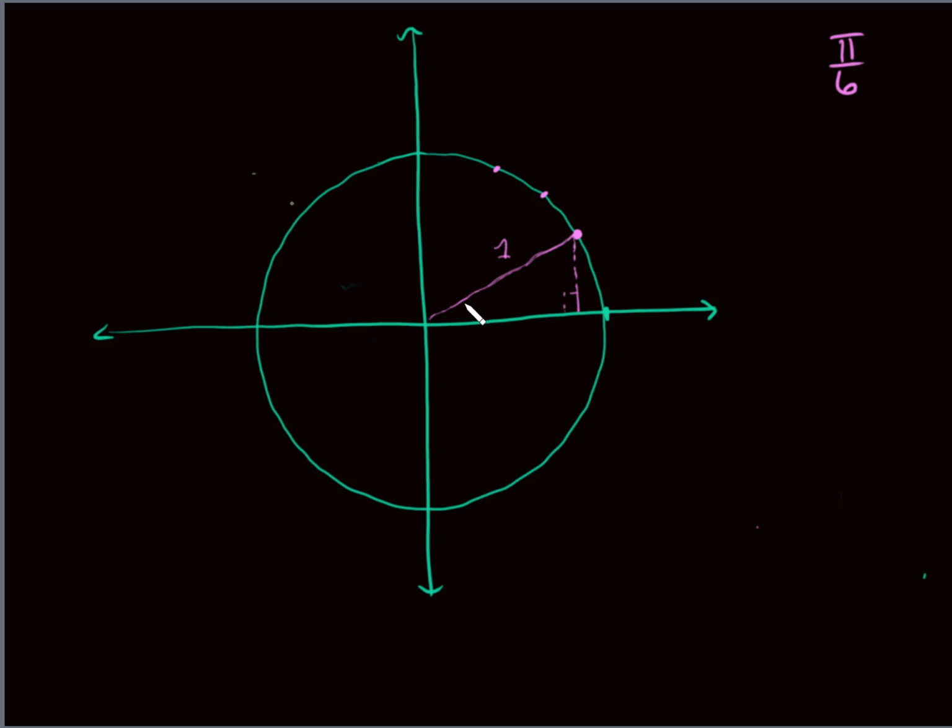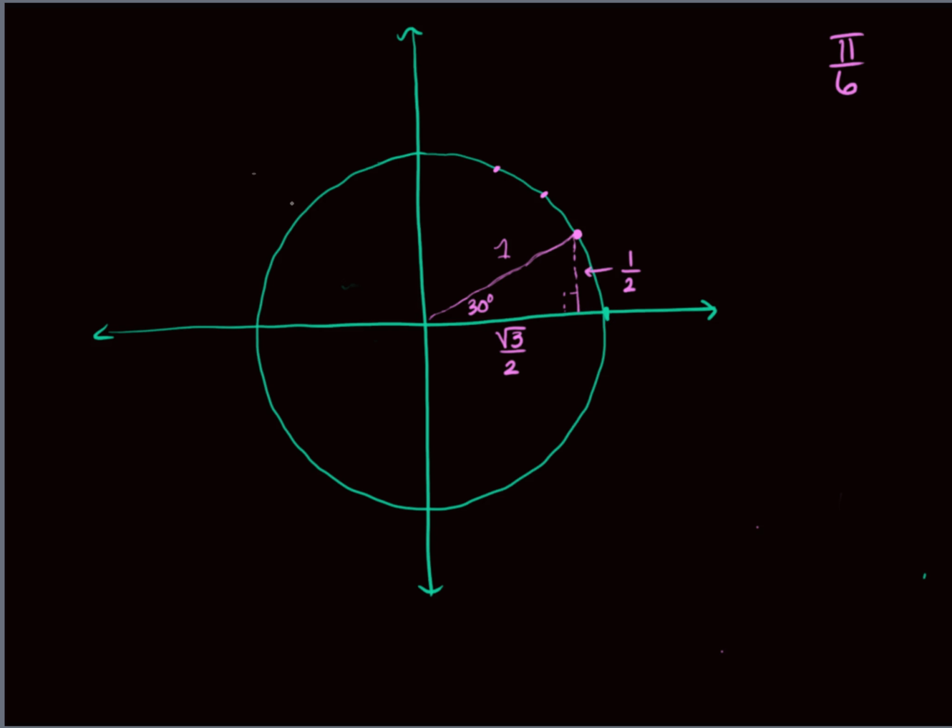If I drew that triangle, this is 30 degrees here. Remember we talked about that 30, 60 degree triangle at the very beginning. We took an equilateral triangle and figured out all the sides. And what we found, and this is true with any 30, 60, 90 degree triangle, is that the shorter side is always half the hypotenuse, and then the longer side is always root 3 times the shorter side. So this is just true for a 30, 60, 90 degree triangle.